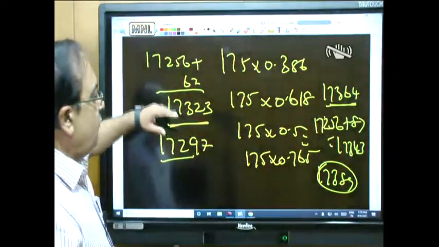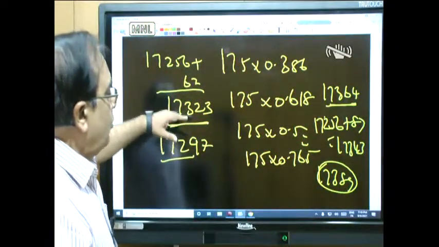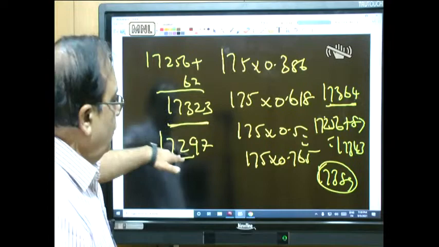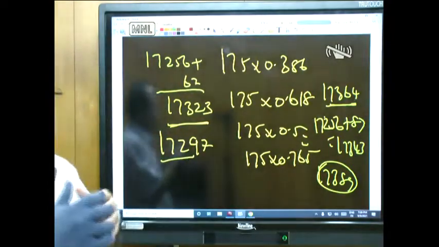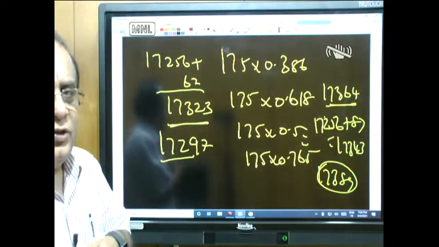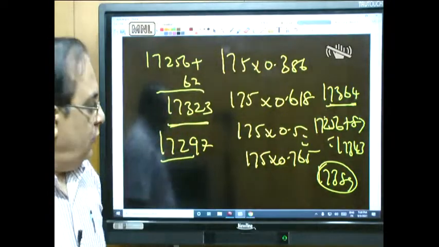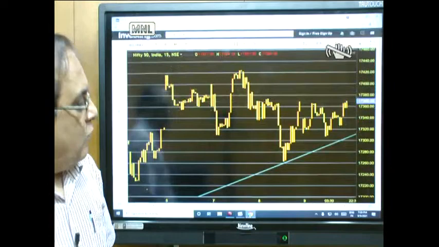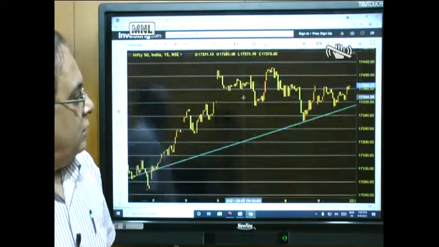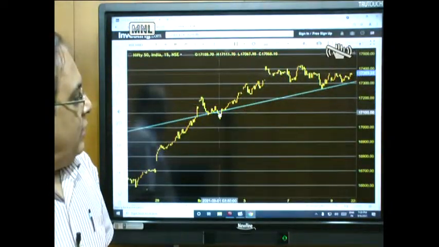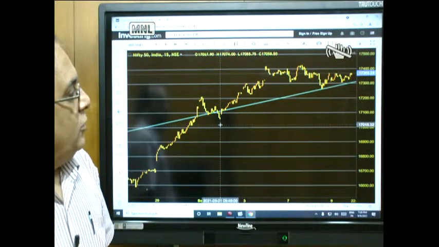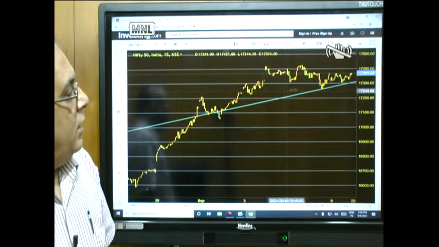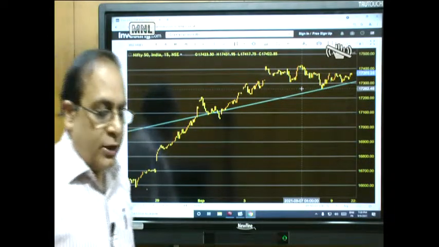Suppose the market had come down initially to 17,303 or so, with 17,297 in between. And in the bigger picture, we have seen that it crossed the 17,286, 287 levels, because we saw this difference. Now let me go back to this difference. This is 17,055, and to remind you, 17,055 and 17,431.